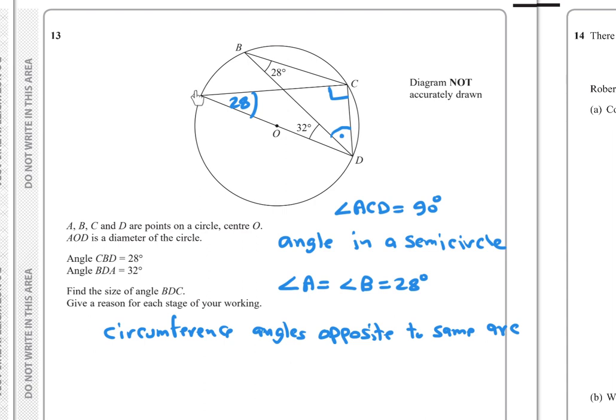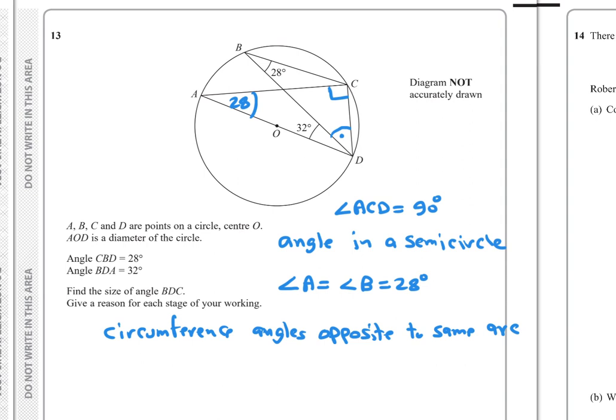Now in triangle ACD we have angle C 90, angle A 28, then we can find angle ADC equals 180 minus (90 plus 28), because the sum of the interior angles in a triangle is 180.